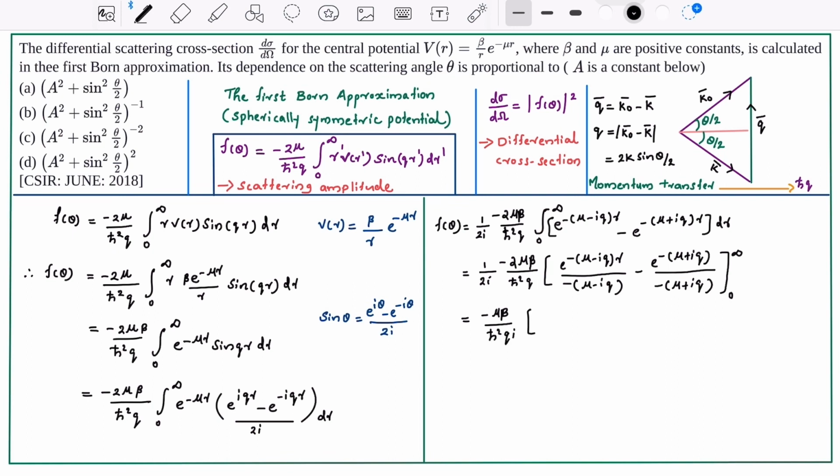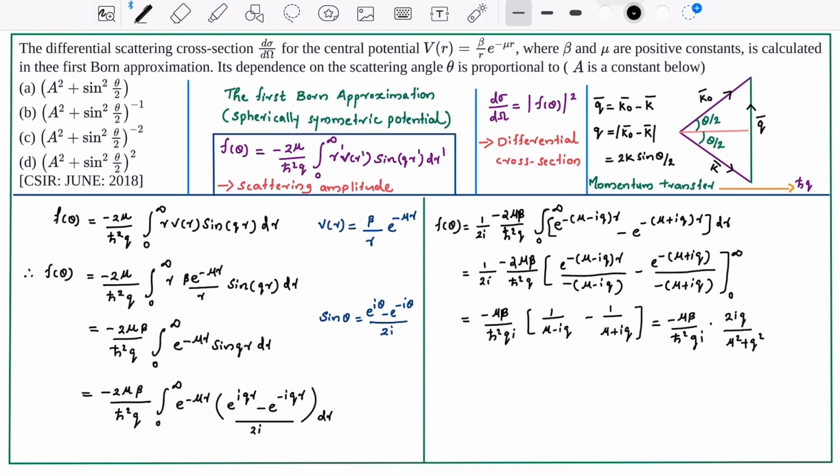Now after applying the limit, you will get the values inside the bracket as 1 by μ minus iq minus 1 by μ plus iq, and after simplification this is minus μβ by ħ² qi into 2iq divided by μ² plus q².